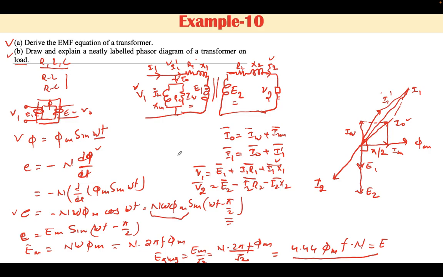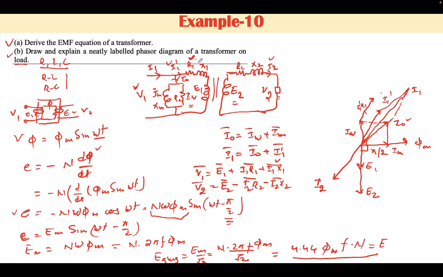Now considering these three voltages in the primary and three voltages in the secondary, we can find out V1. The voltage drop across resistance R1 due to I1 dash will be in the same phase with I1. Same phase here means these two lines will be parallel. This is nothing but I1 dash R1.